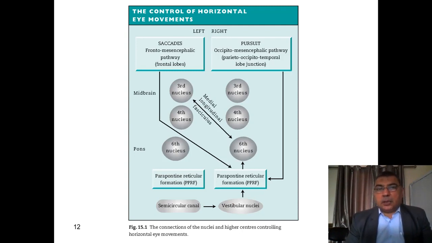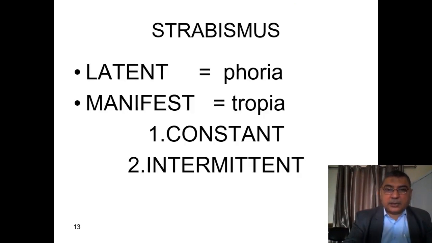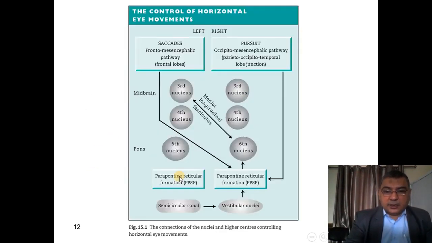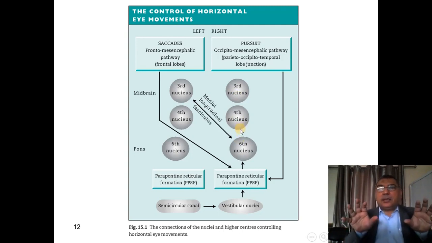Other inputs share in the control of ocular motility, like the vestibular system: the vestibular nuclei and vestibular canals. Vestibular nuclei give input to the brainstem nuclei of the extraocular muscles to correct the position of the eye according to the position of the head.